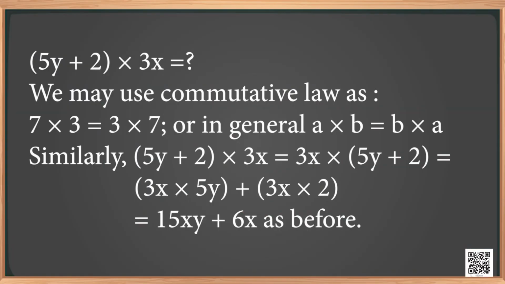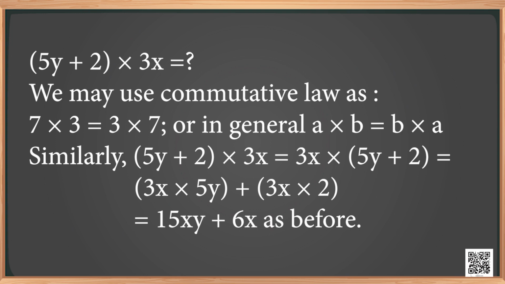Case 4. Let us learn how to multiply a binomial by a monomial. Let us consider this example. 5y plus 2 times 3x is equal to how much? Let us see that. We may use the commutative law as 7 into 3 is equal to 3 into 7. Am I right? Or in general, a into b is equal to b into a.